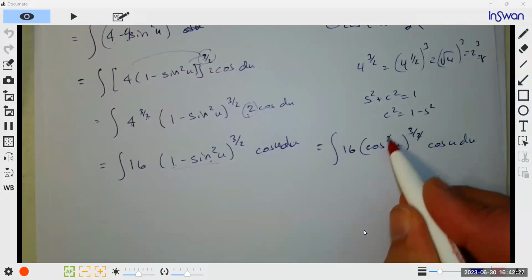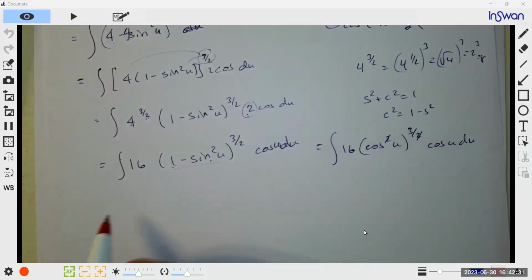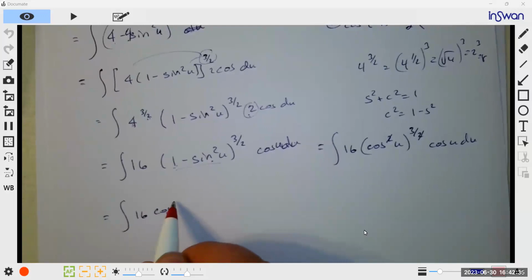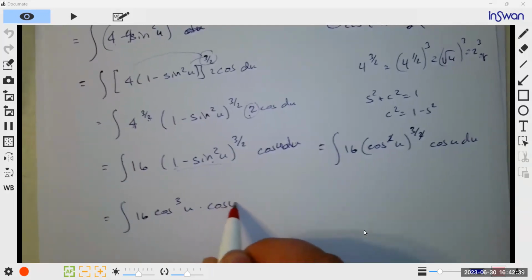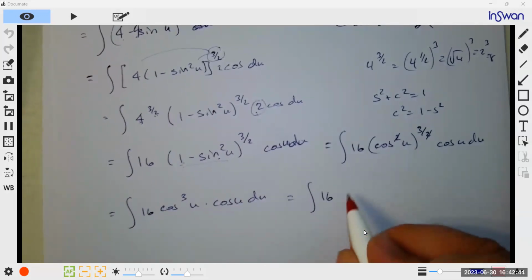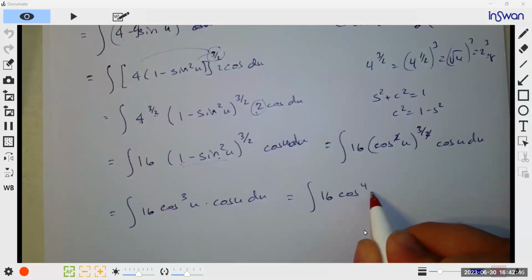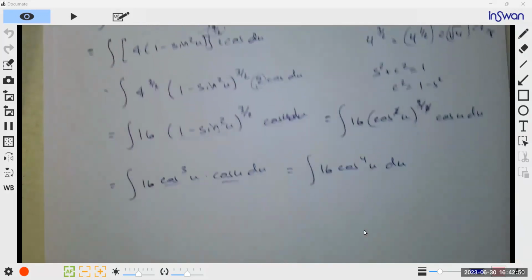So the square and that square cancel, the half and square cancel. So we're left with 16 cosine cubed times cosine u du, which makes it 16 cosine to the 4th u du. These two multiplied.